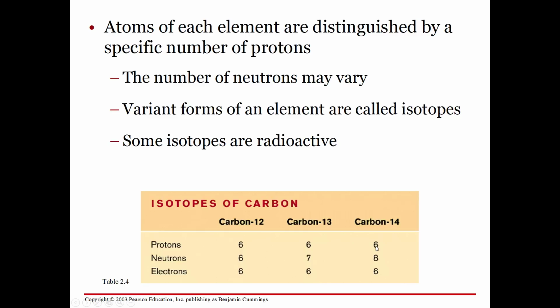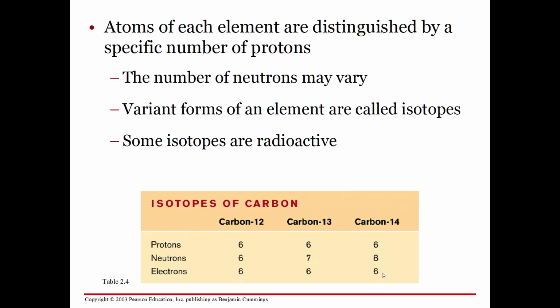If we know the number of protons in the atom, we also know the number of electrons, because the proton number and electron number will match in the atom.